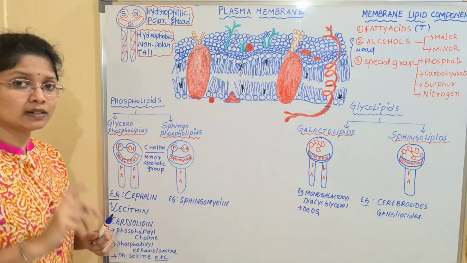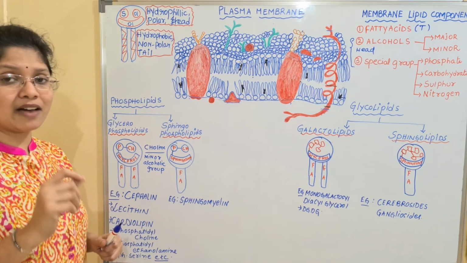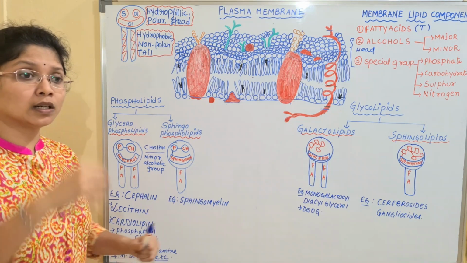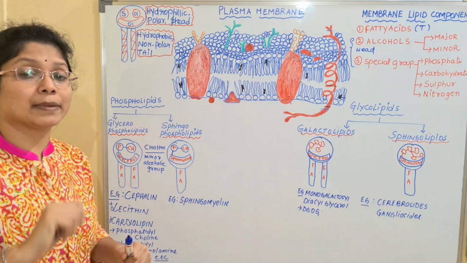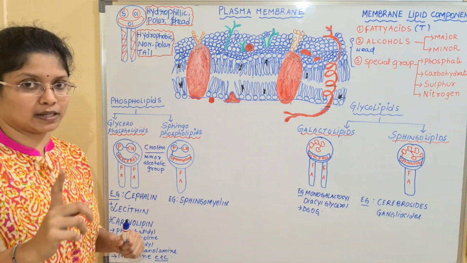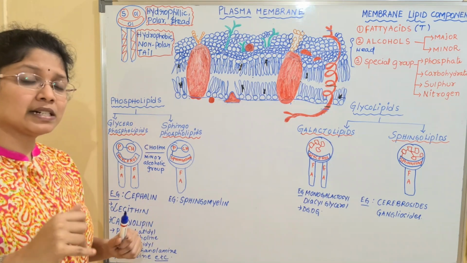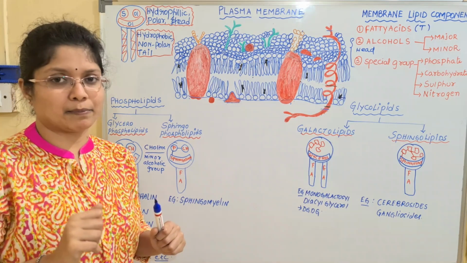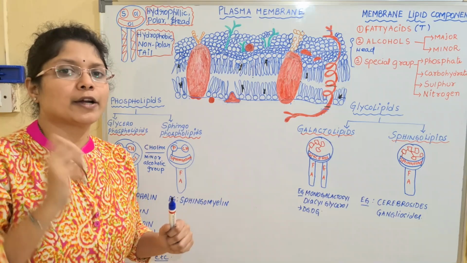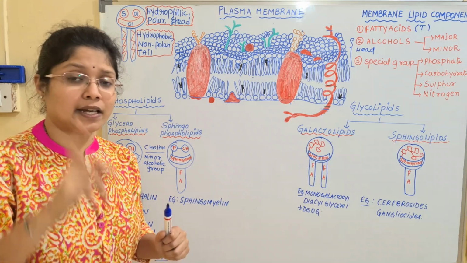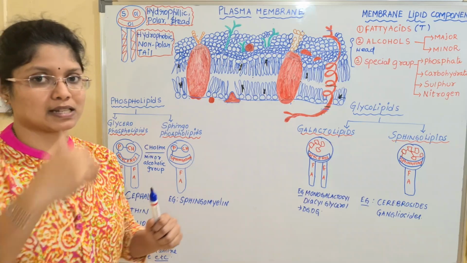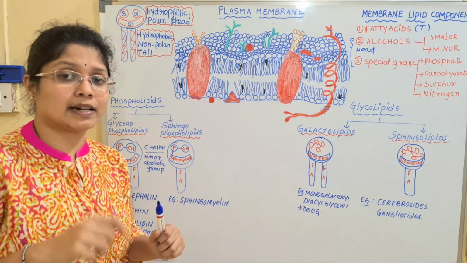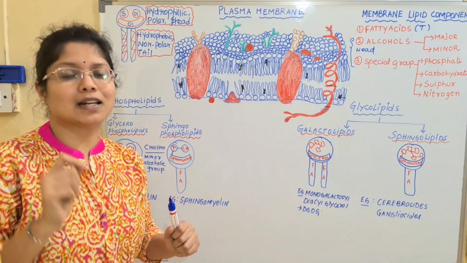This is very important. In your NEET, you will have a question like this, children. The lipid associated with the inner mitochondrial membrane is cardiolipin. It is absent in all membranes except the mitochondrial membrane. In mitochondria we have two membranes, outer and inner, and cardiolipin is a characteristic feature of the inner membrane.